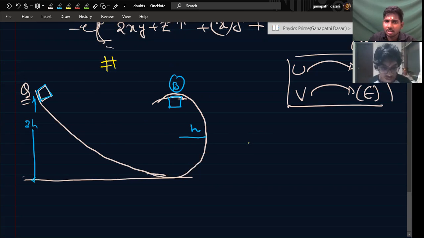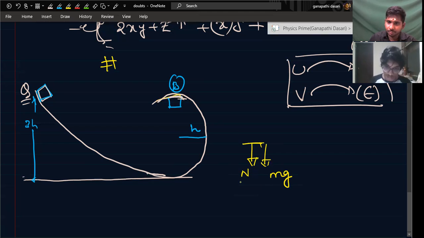If I draw the free body diagram there, the surface is pushing this block downwards, right? Mg also will be downwards, right? Now, is there any upward force?